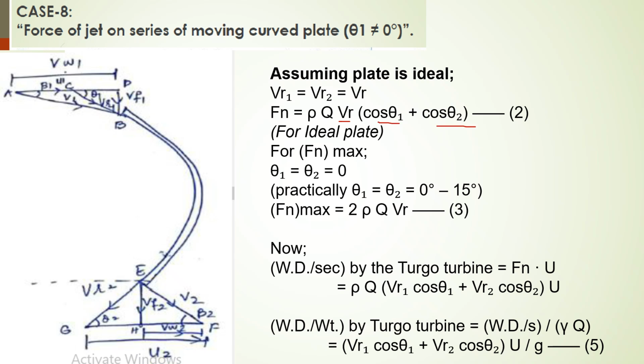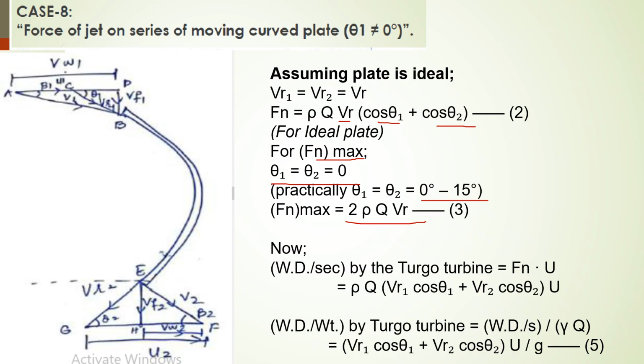If we want to make our Fn maximum, we have discussed this in previous cases. So theta 1 should be equal to theta 2 equal to 0, and this should be kept minimum 0 to 15 degrees. So we may have the ideal condition with maximum Fn component, the normal component of the force of the jet, that should be 2 rho Q VR.